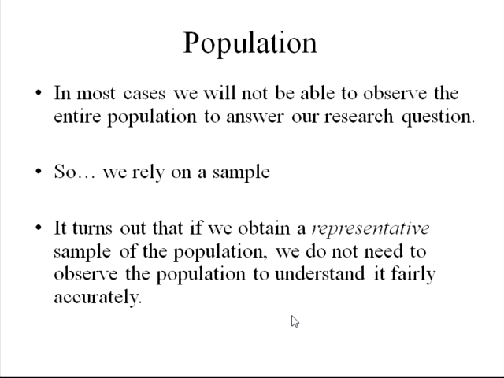And it turns out that if we obtain a representative sample of that population, that is a sample that is unbiased, and we'll discuss these concepts in the next slides, we can make predictions about this population, or understand this population fairly accurately, without the need to observe it in its entirety. That is the beauty of statistics, that we can explain the population just by selecting a representative sample from it.